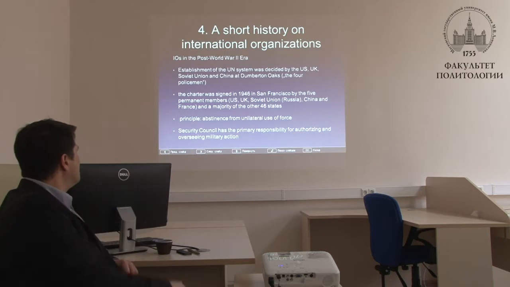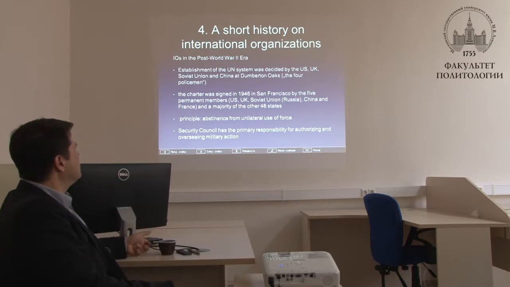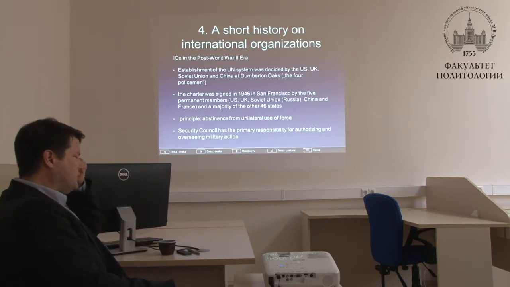Then France joined this group of four, so they are now five. These five members are the five veto members within the UN Security Council, as you probably know. The Charter of the United Nations was signed in 1945 in San Francisco by the five permanent members, as I've said, the United States, the United Kingdom, Soviet Union, now Russia, China, and France, and a majority of the other 46 states.